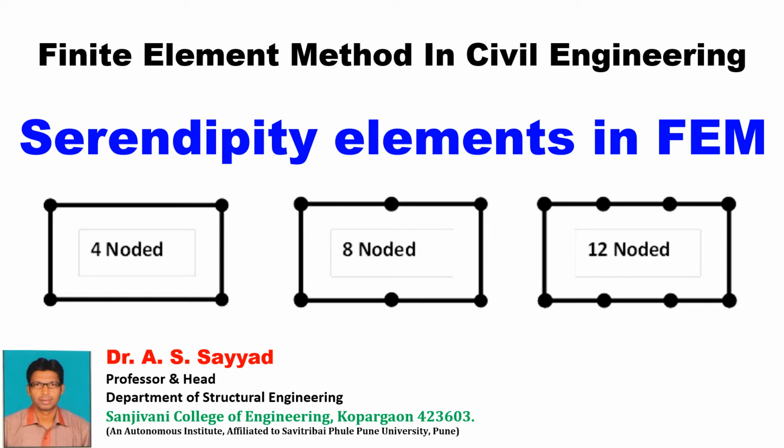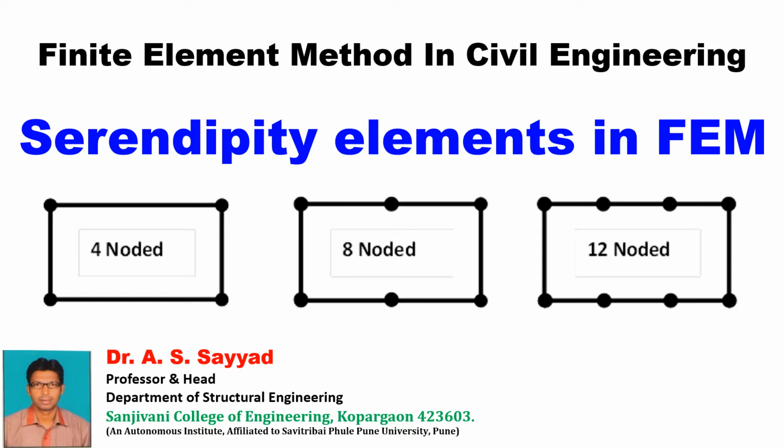Our today's topic is serendipity elements in finite element method. There are two types of families in the finite element method, where all elements are classified using these two families. The very first is Lagrange's family and the second is serendipity family.